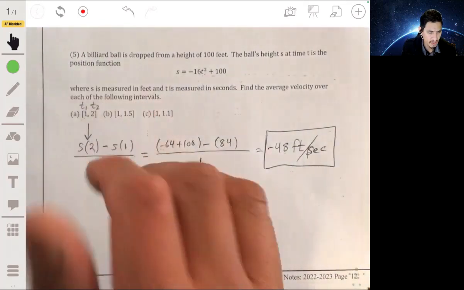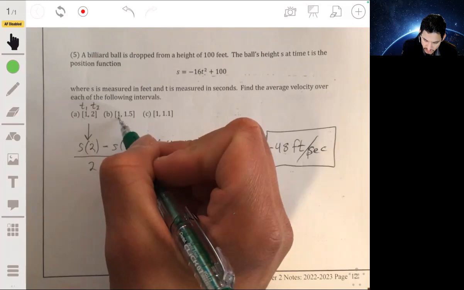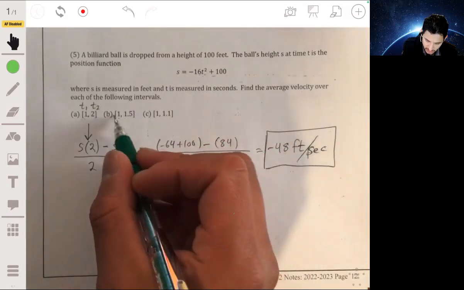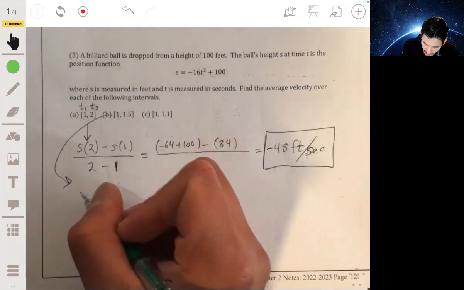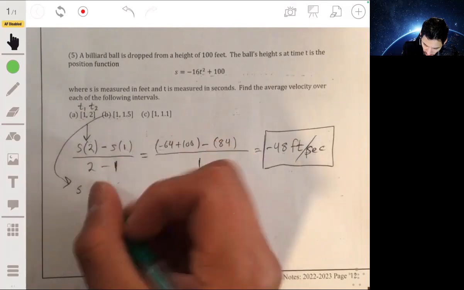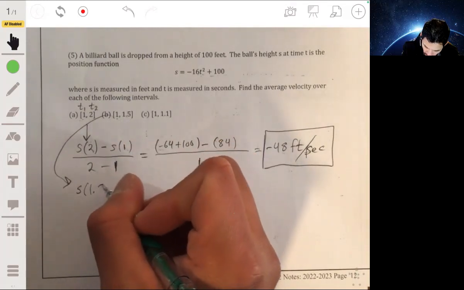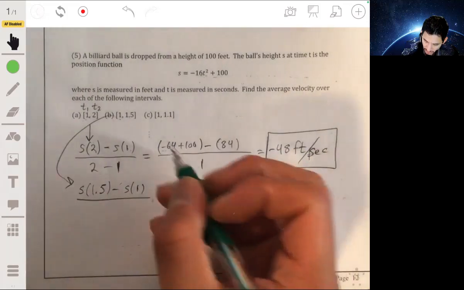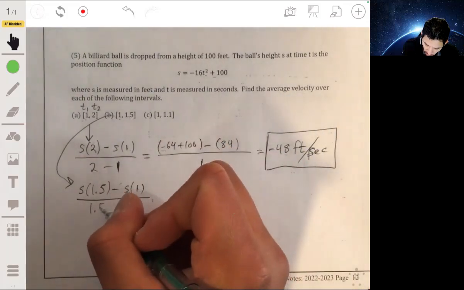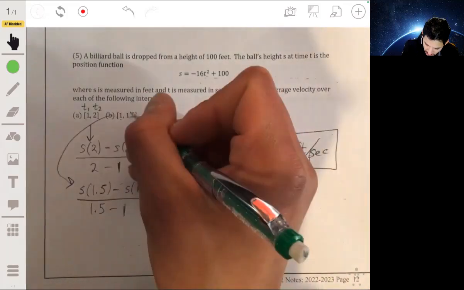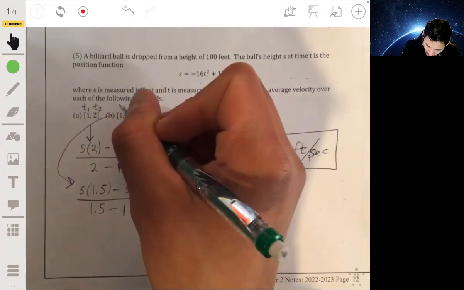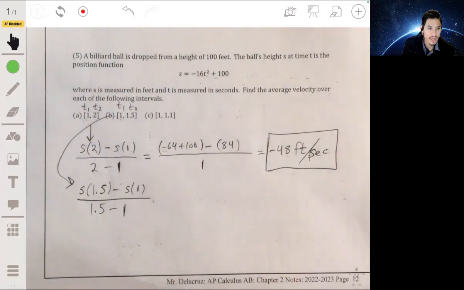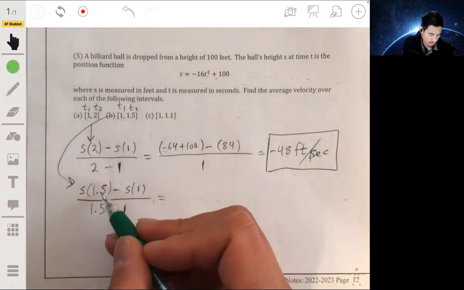Now let's look at B. What's the average velocity from t equals 1 second to t equals 1.5 seconds? So now we're taking S of 1.5 minus S of 1 and dividing it over 1.5 minus 1, because now your t2 is 1.5 and your t1 is 1.